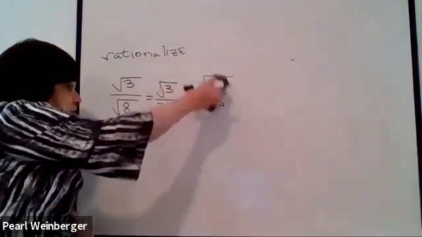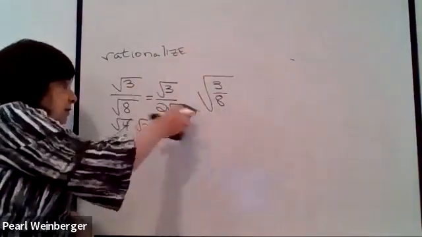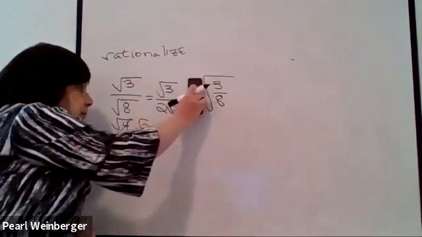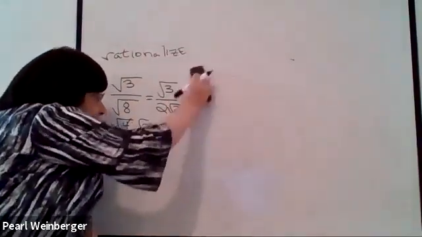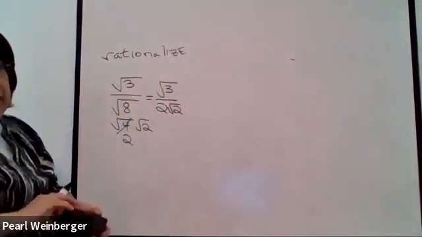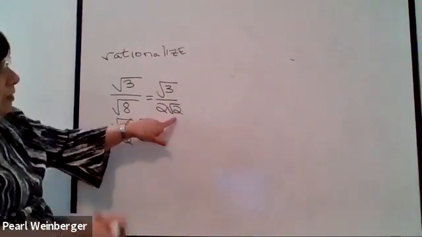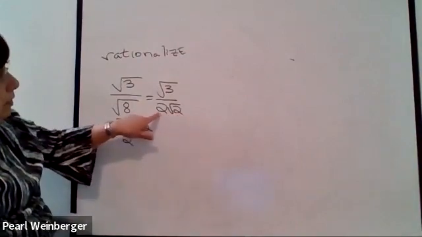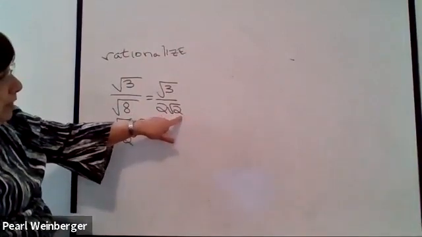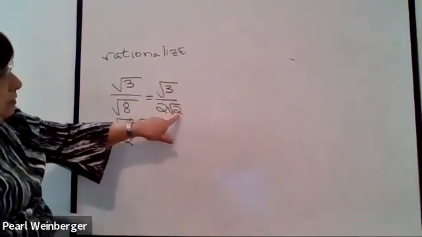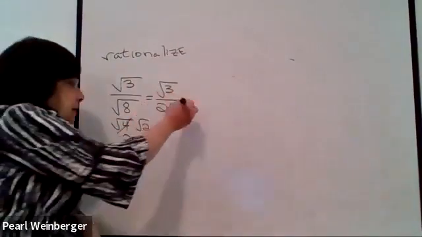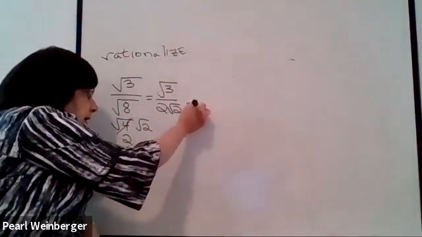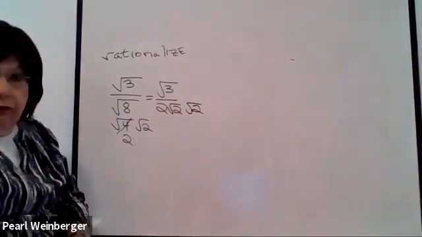Separate your fraction and simplify both the top and the bottom. But you can't stop there if there is still a radical in your denominator. Now, I don't care what else is there. What I care about is radical 2. So since I have a radical 2 in the denominator, I'm going to multiply that by radical 2.